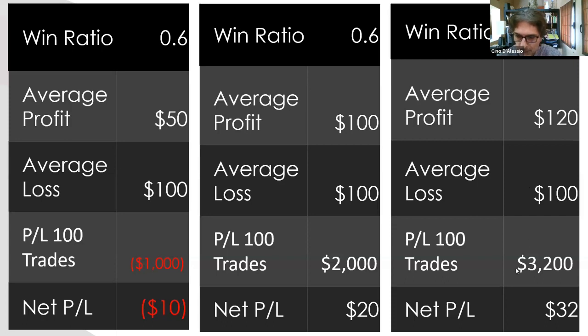And now our trading account after 100 trades would be up by $3,200. So we can see that by maintaining a higher average profit, we are going to greatly improve our results.